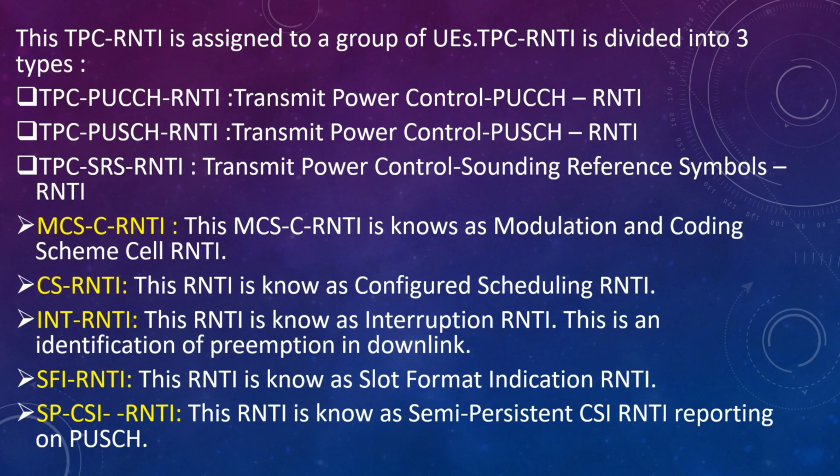TPC-RNTI is assigned to a group of UEs, and this is basically divided into three types: TPC-PUCCH-RNTI, TPC-PUSCH-RNTI, and TPC-SRS-RNTI. By the name itself, TPC-PUCCH-RNTI is Transmit Power Control PUCCH RNTI. The next one, TPC-PUSCH, is Transmit Power Control PUSCH RNTI, and the next one is Transmit Power Control Sounding Reference Symbol RNTI.